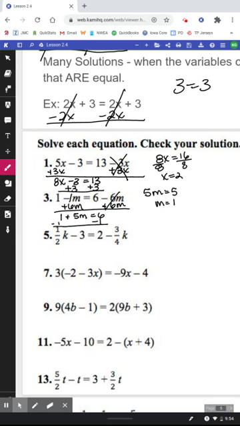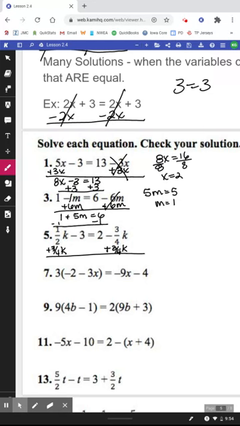On number 5, I have these fractions, which is fine. So I'm going to add 3/4 k to my 1/2 k. And so in order to put that in my calculator, I'm going to put it in as open 1 divided by 2 close plus open 3 divided by 4 close. Math, enter, enter.